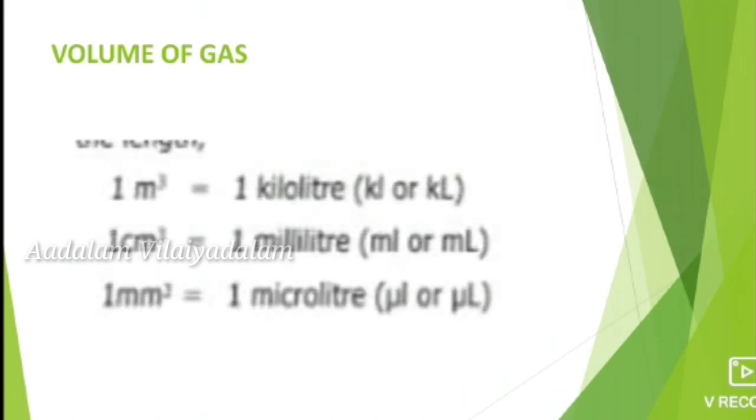And liquids and gases are usually measured in liters, and also can be measured in cubic meters. 1 cubic meter is equal to 1 kiloliter, 1 cubic centimeter is equal to 1 milliliter, and 1 cubic millimeter is equal to 1 microliter. These are the units for gases.